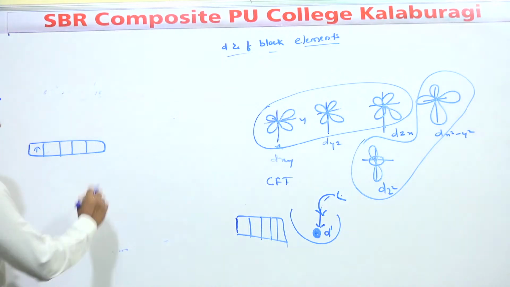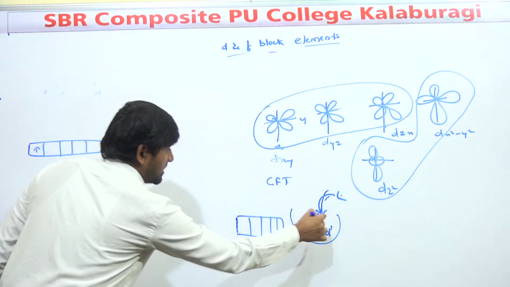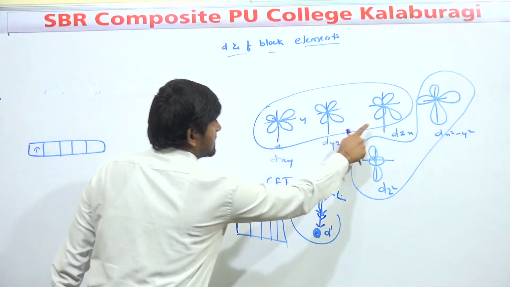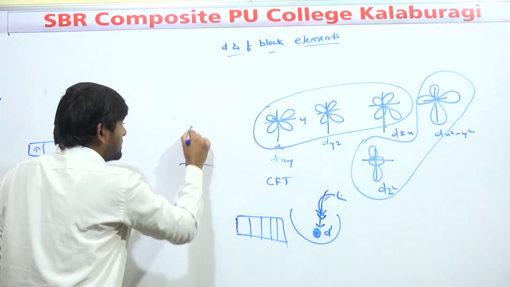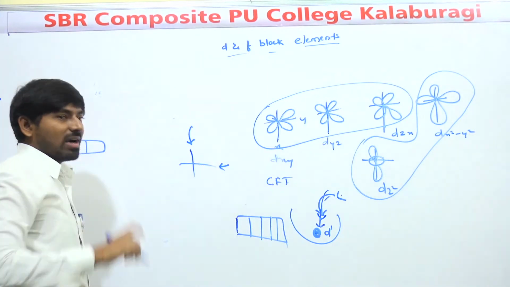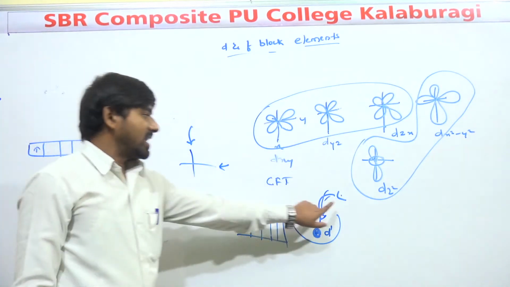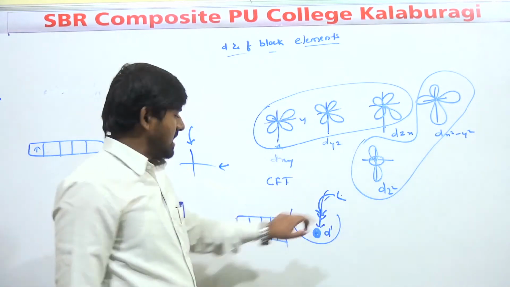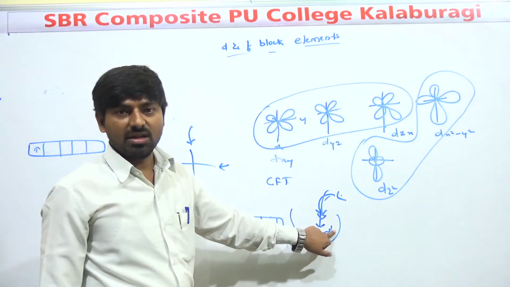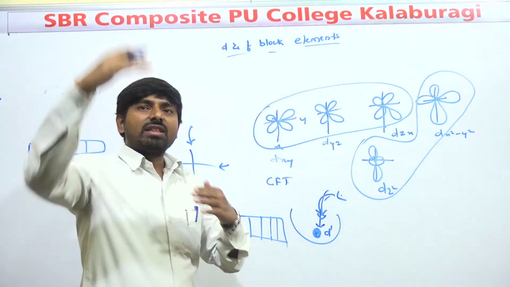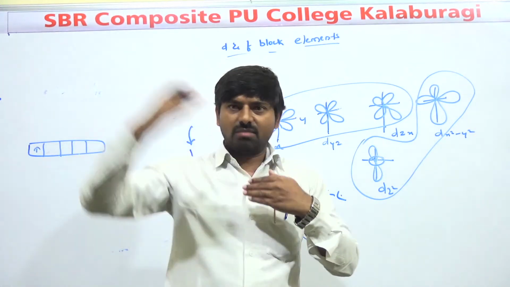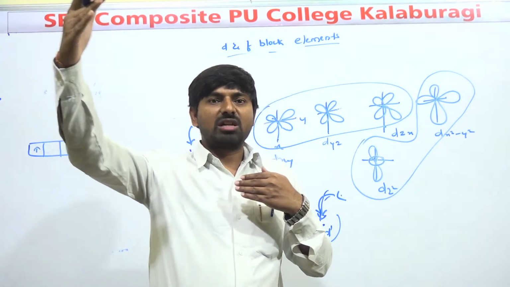Right? Now, when the ligand attacks from the axis, what happens? See, the ligand has more electron density, and this metal atom also has electrons in its d orbital. When the ligand is away from the metal atom, no problem, the orbitals will be degenerate.